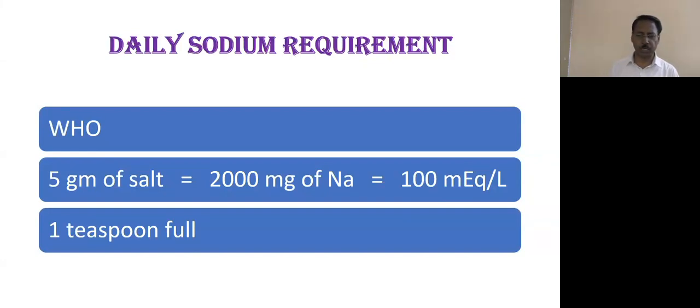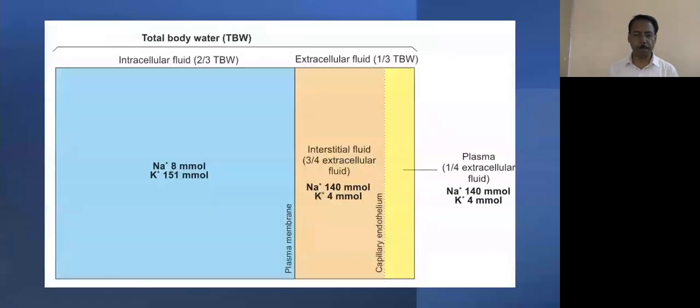The daily sodium requirement as per WHO is about 5 grams of salt. Just have to remember that is equal to 2000 milligrams of sodium, which is about 100 milliequivalents, and 5 grams, we know, is about 1 teaspoonful.